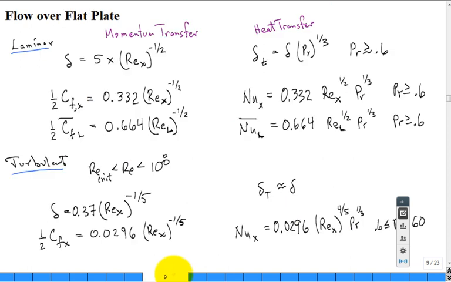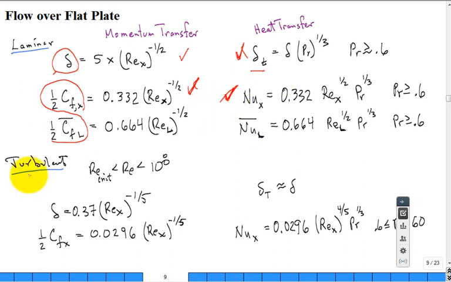So, to summarize, from the Blasius solution, we are able to get the growth of the boundary layer thickness, and get the local as well as the average skin friction coefficient. This is the only one I showed, these two. I didn't show it for the heat transfer, thickness of the thermal boundary layer, but we did show this local Nusselt number.